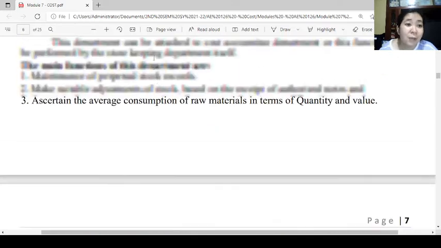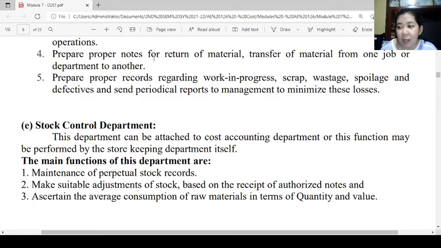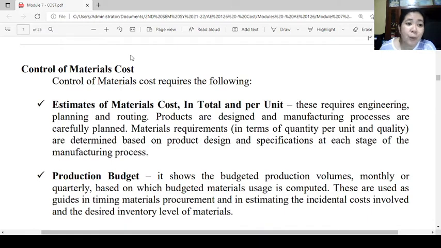So those are the different departments. Aside from that, the cost accounting department also plays a vital role because they are the ones who keep records of transactions that go along with all of the different departments' transactions. So, control of materials cost.